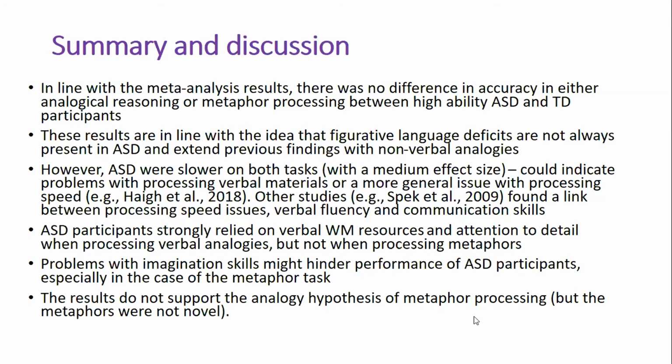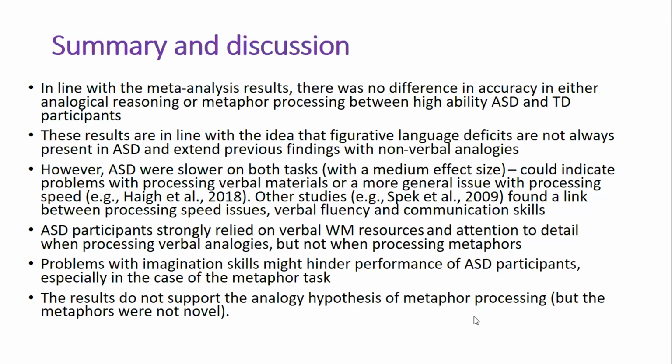And in terms of potential differences between the groups, something which was quite clear was that autistic participants strongly relied on verbal working memory resources when they processed analogical reasoning, which suggests that maybe they were relying on some kind of effortful strategy to process these analogies, and they also seem to rely on attention to detail.